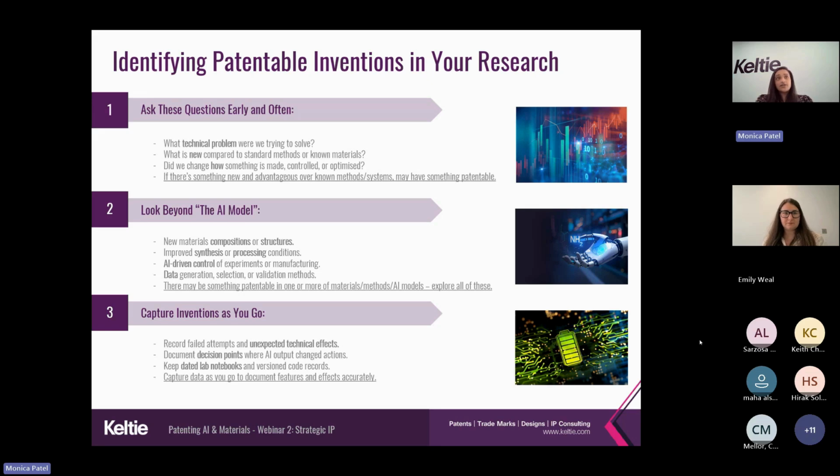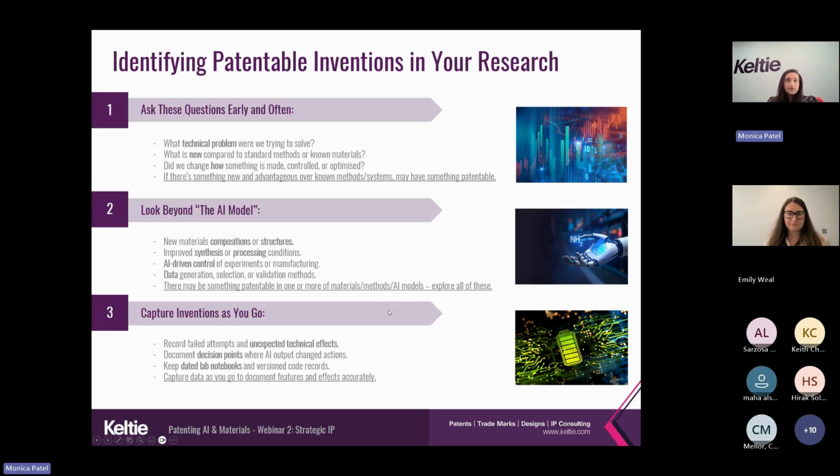So in data generation, selection, or validation. Another example is in data cleansing, for example. If there's something new and advantageous about how the data is being processed, then there may be something patentable there. So it's important to explore all of those things, explore the materials, explore the methods, as well as the AI models.